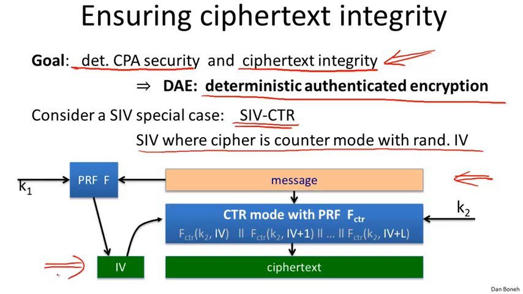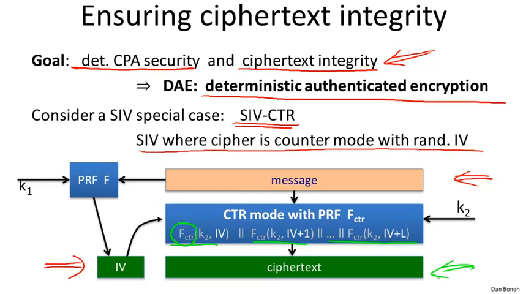Then that IV is used to encrypt the message using randomized counter mode. In particular, we're going to use this PRF F_CTR, for randomized counter mode, and essentially we evaluate F_CTR at IV plus 1, up to IV plus L, and then we XOR that with the message, and that gives us the final ciphertext. So this is SIV with randomized counter mode.